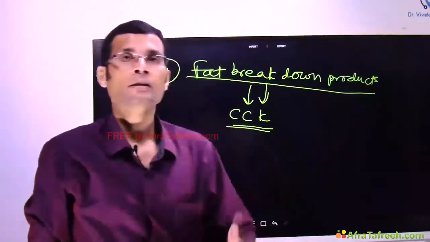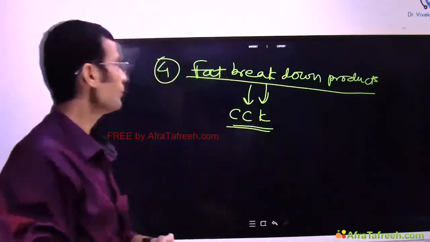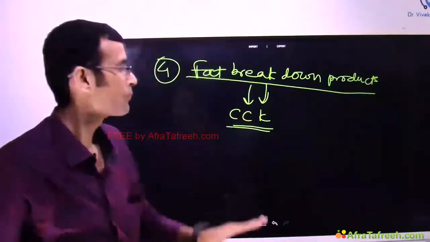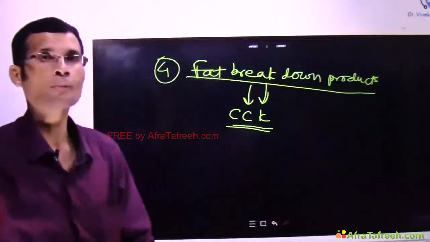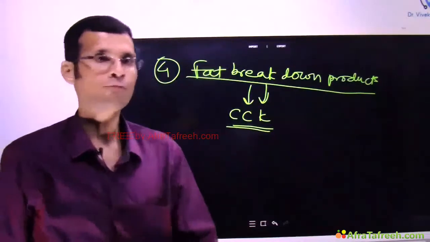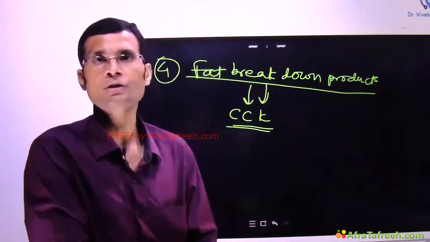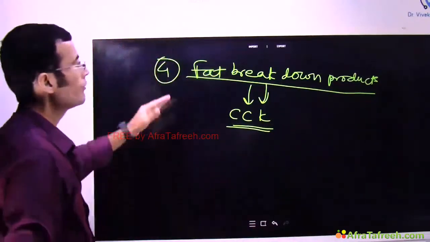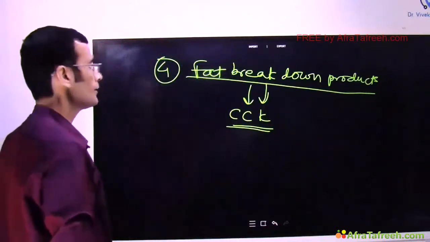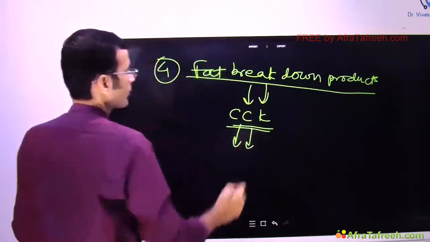Why the further gastric emptying needs to be prevented is because fat digestion and absorption is not as simple. It is complex, and therefore a lot of fat should not come immediately into the duodenum.